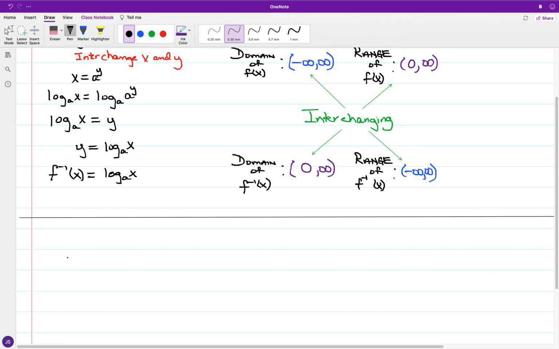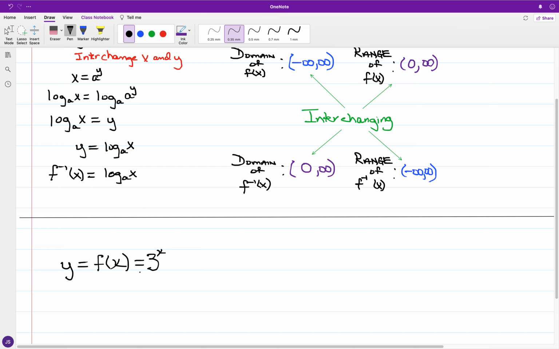Let's say you're looking for the domains and the ranges of a given function as well as the inverse, and we'll say that we have y is equal to f of x is equal to 3 raised to the x.